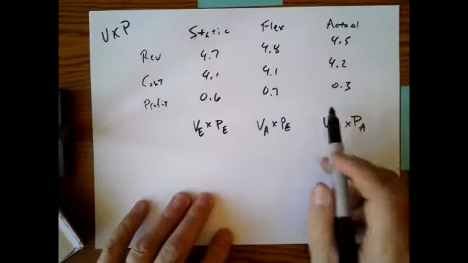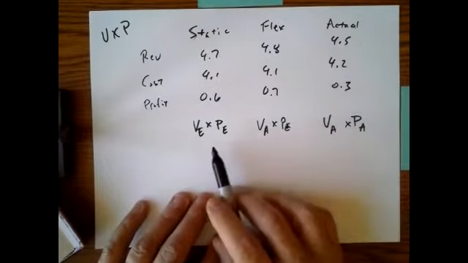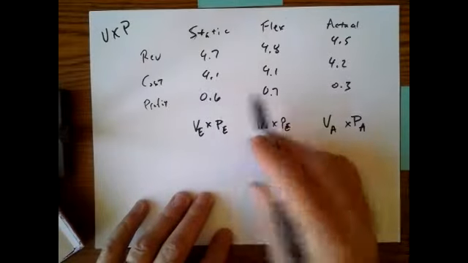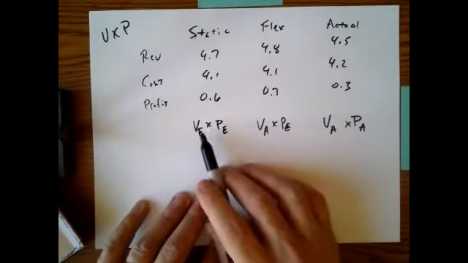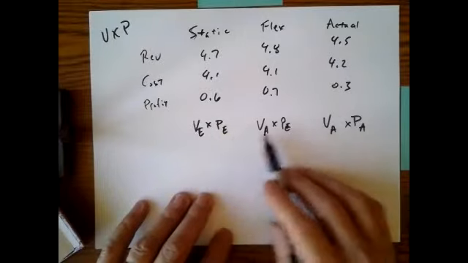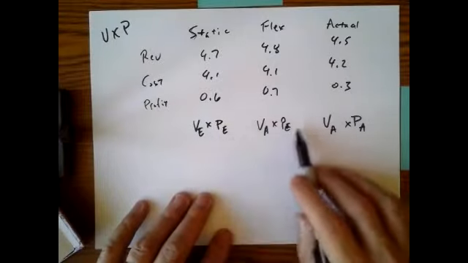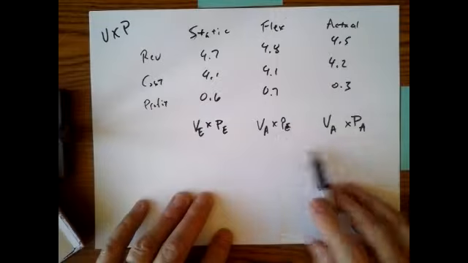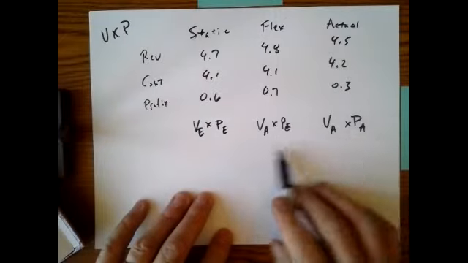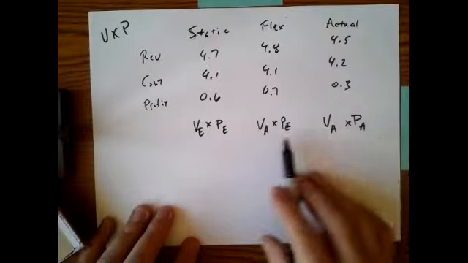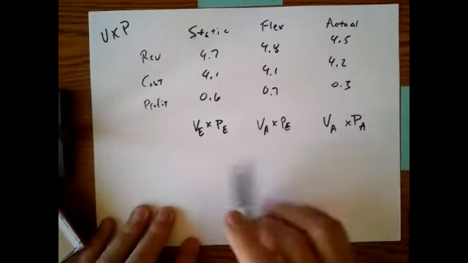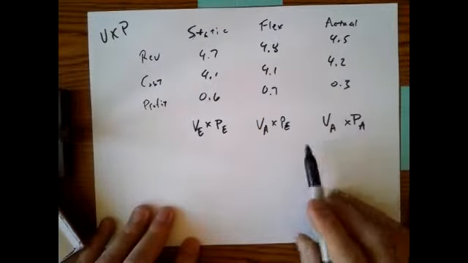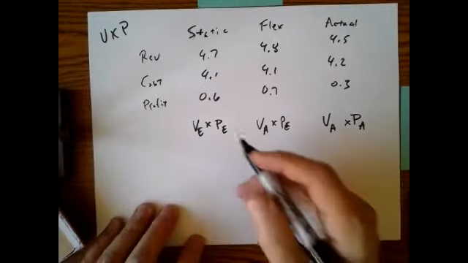We use the flex so that we can compare and hold constant the price when comparing between static and flex, varying the volume, and then vary the price between the flex and the actual by holding the volume constant. This static, flex, actual thing can get very confusing, but if you remember what these three decompose into, a lot of this starts to flow more naturally.